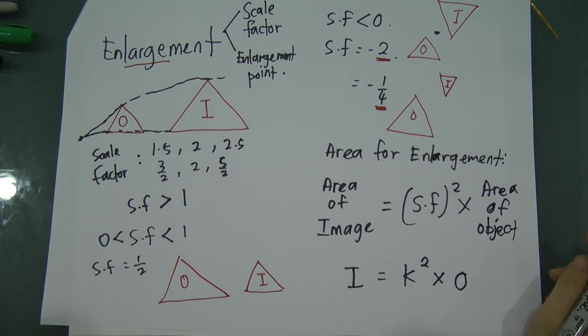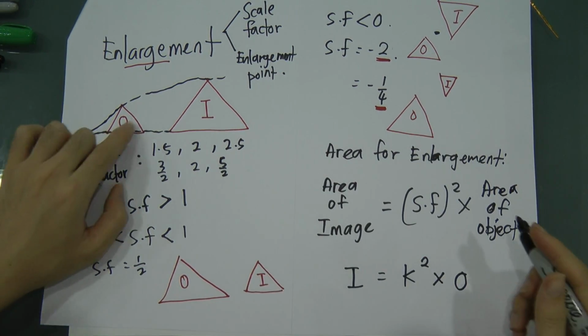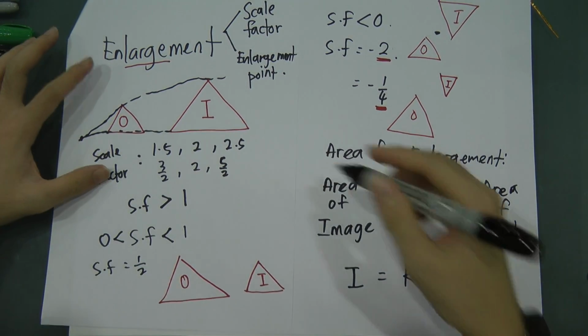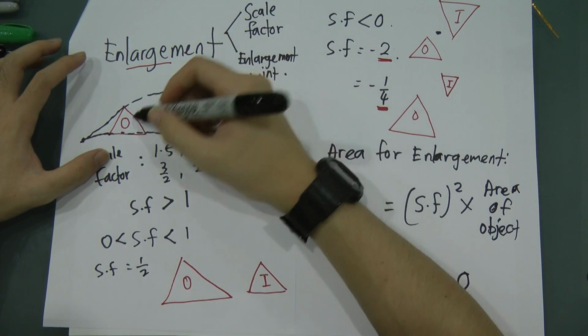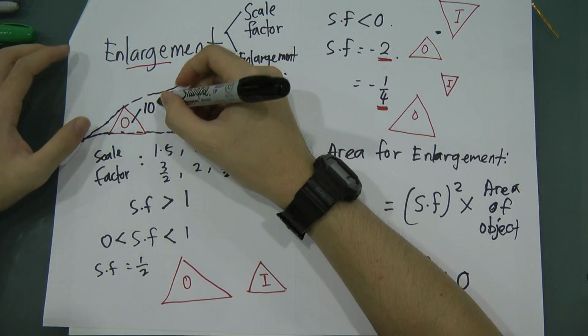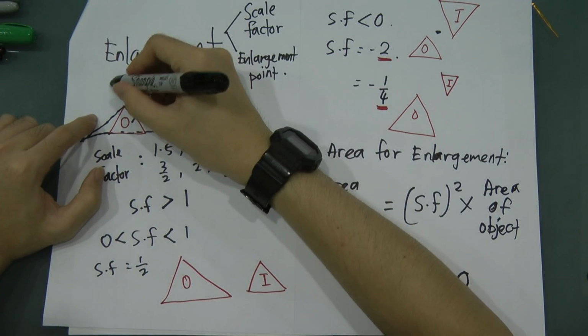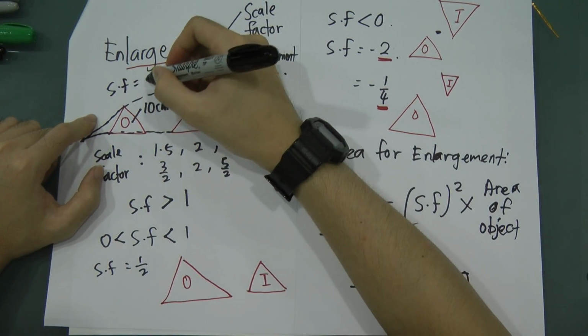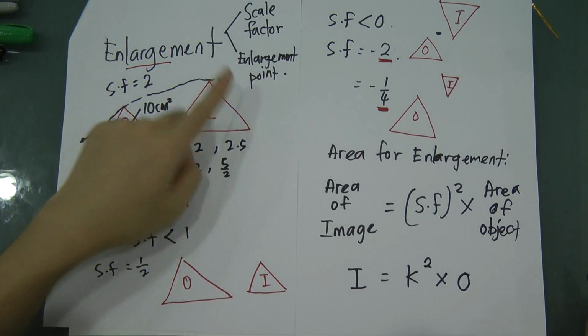For example, I have an object, and let's say I randomly give the area as 10, maybe 10 cm squared. I give you the scale factor is 2, and I want to find the area of the image.